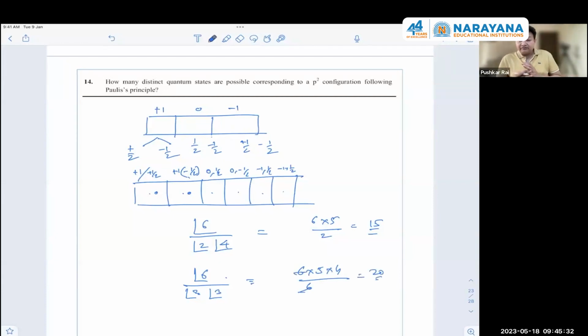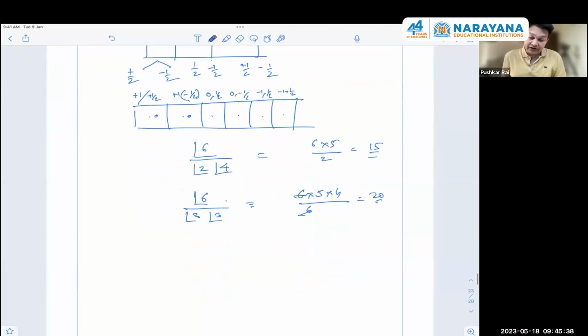So maximum ways will be when we have the P3 situation. Similarly, in crystal field theory, you have D2 configuration. In D2 configuration, you can also calculate: factorial 10 upon factorial 2, factorial 8. That is equal to 10 into 9 divided by 2, which is 45.